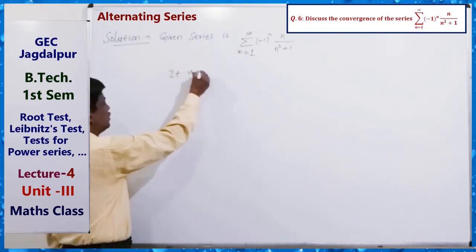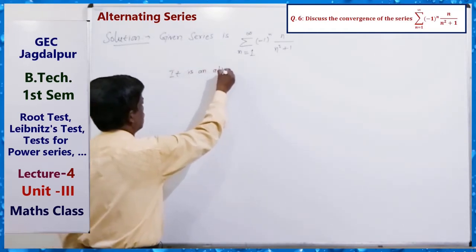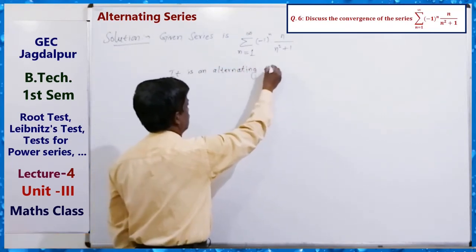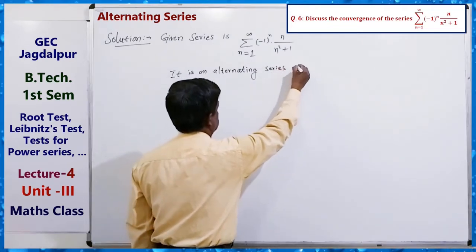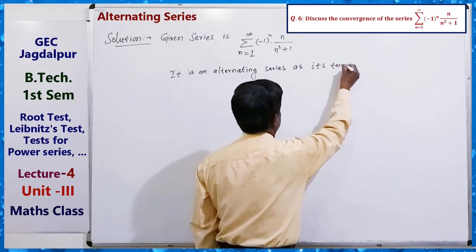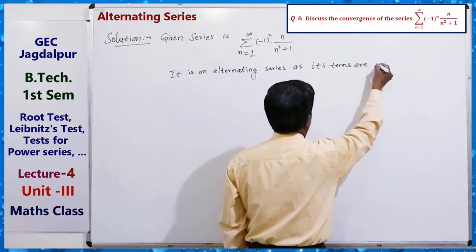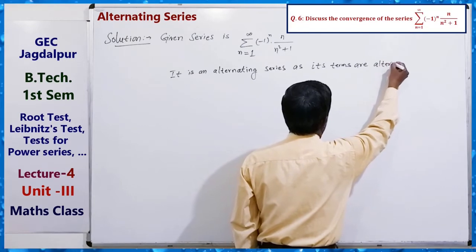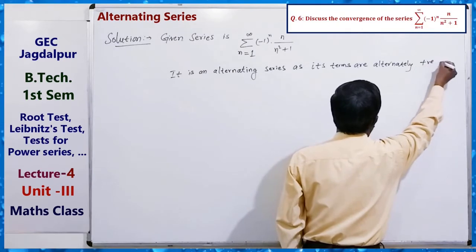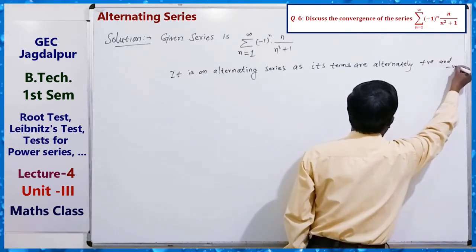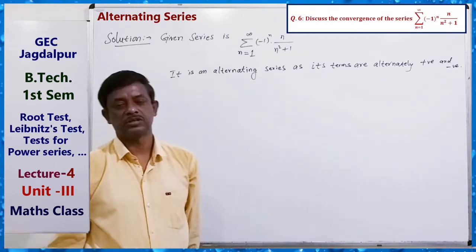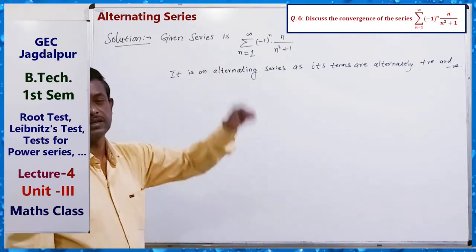It is an alternating series, as its terms are alternately positive and negative.